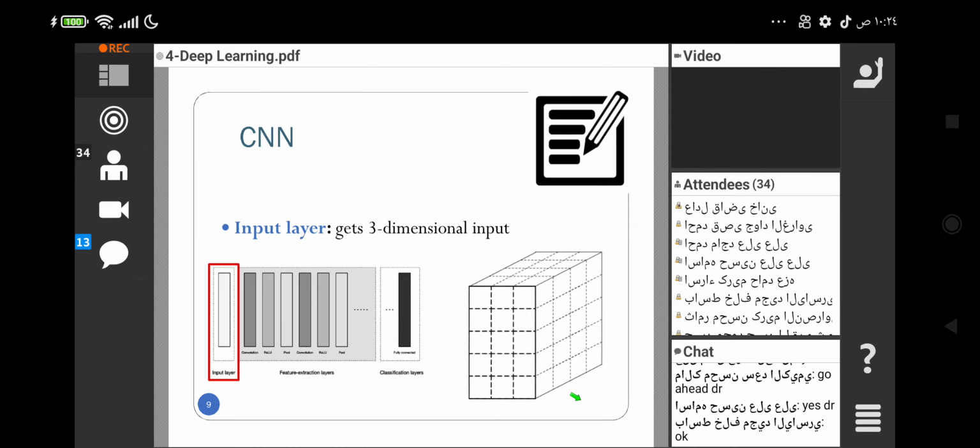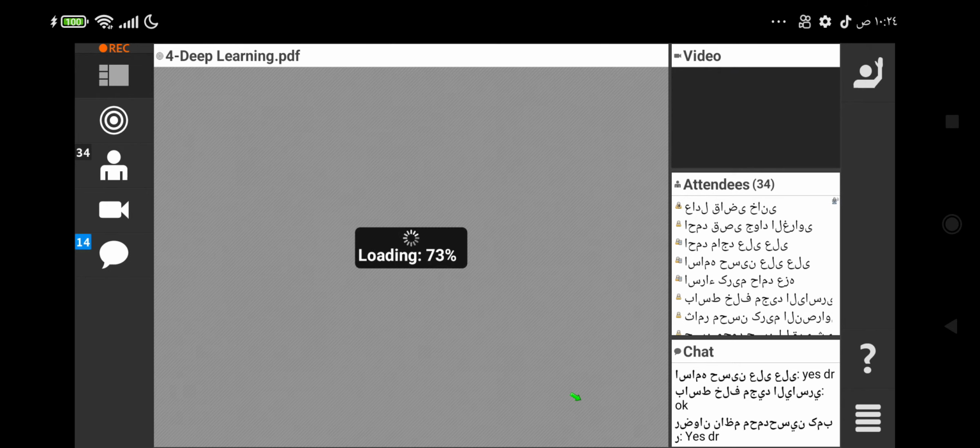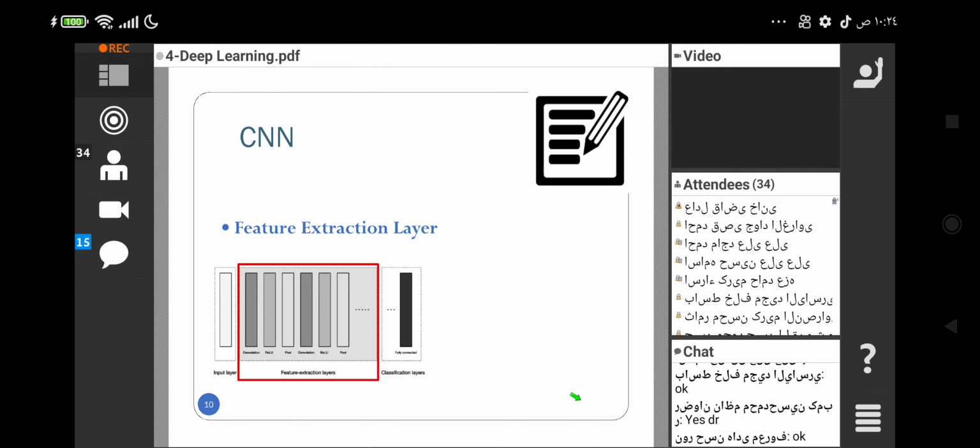So the input layer gets the three-dimensional inputs. The next layer, the most important layer in the CNN, is the feature extraction layer.